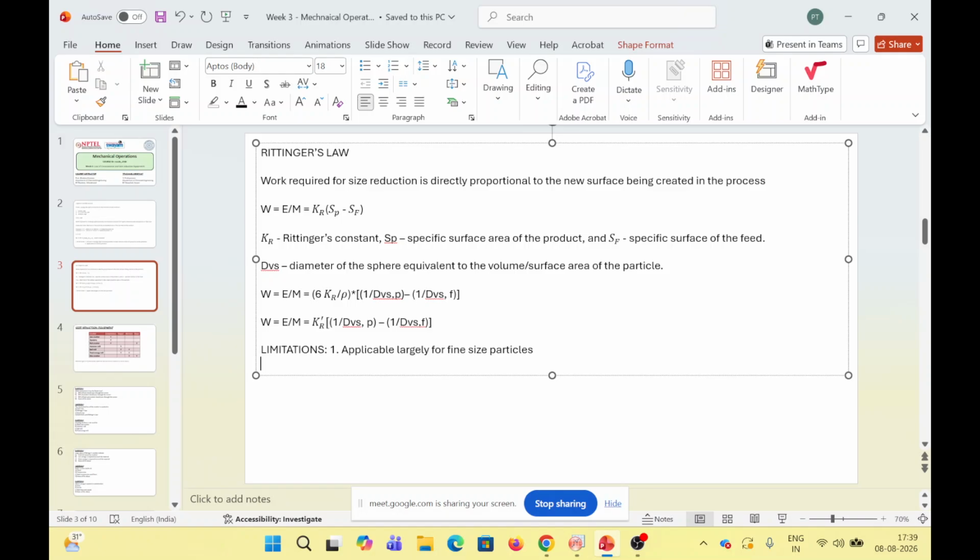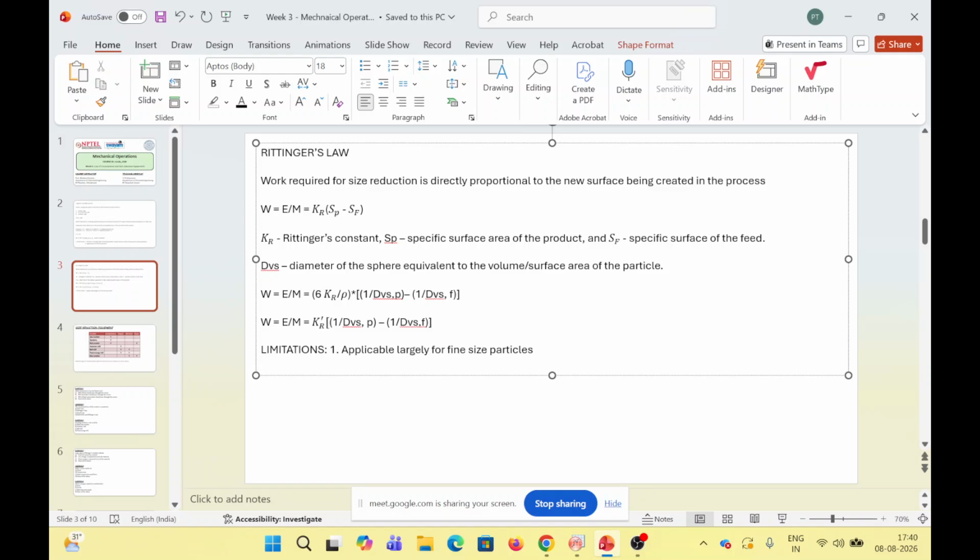So this is basically useful for fine size of particles, where as the particles become finer in size, the amount of surface that is going to be created is going to be actually more.